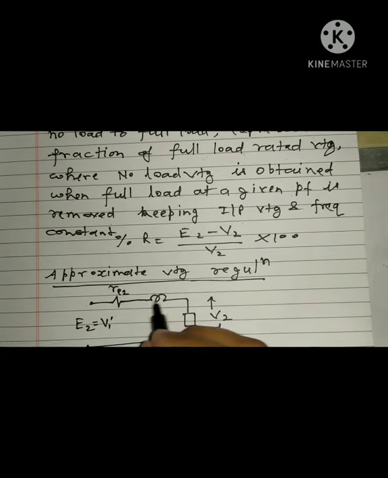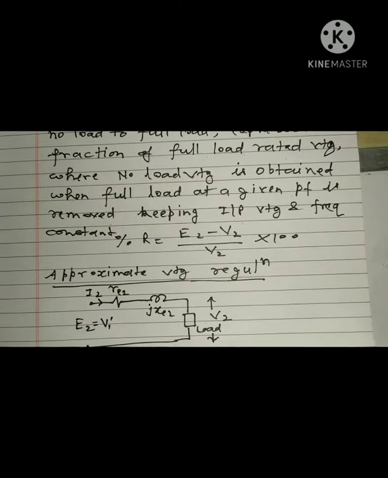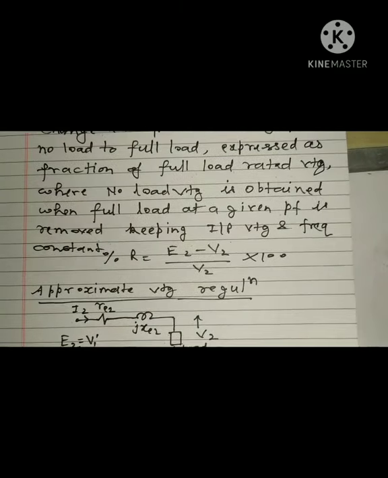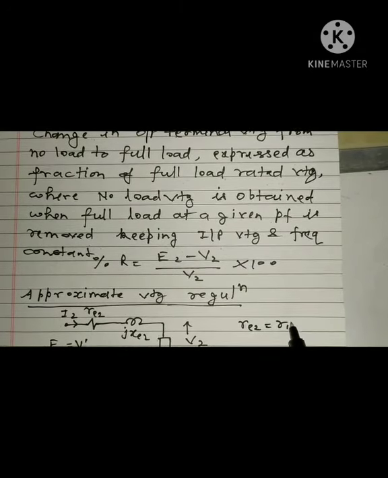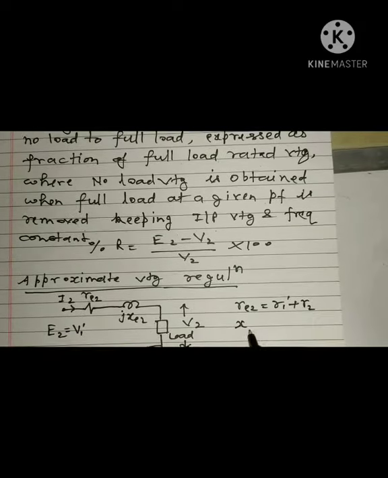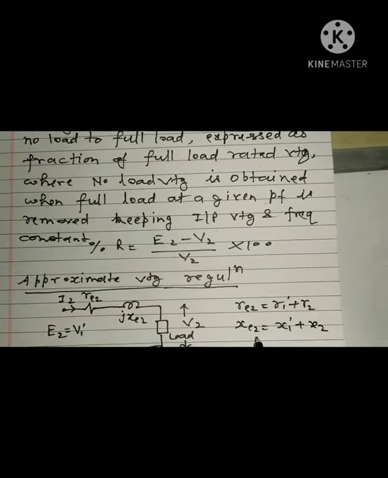I have referred the circuit on the secondary side, and this is jXE2, and this is I2. So this is my circuit. We know RE2 is R1 dash plus R2 and XE2 is X1 dash plus X2.